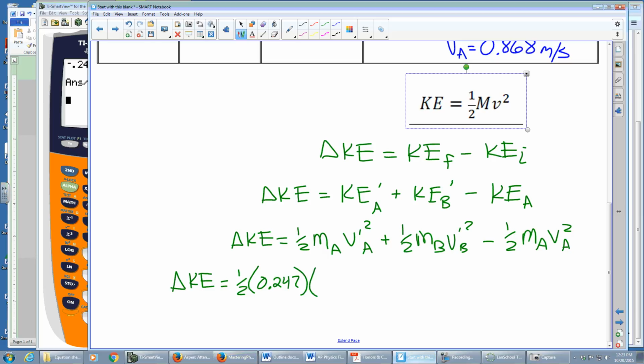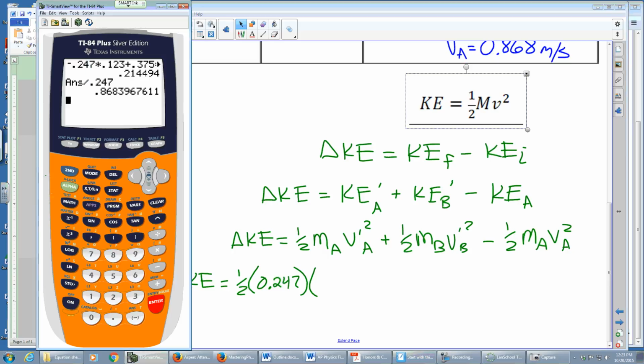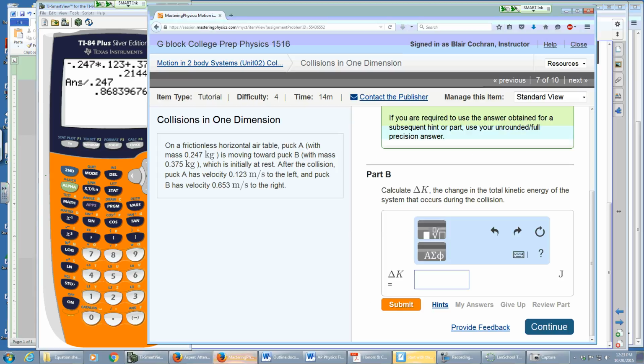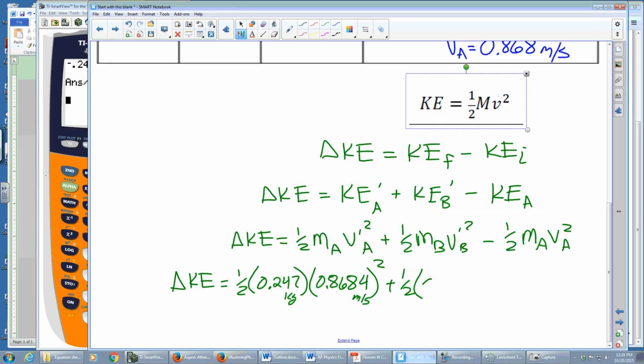And the velocity of A beforehand was my 0.8684 squared, and I should have meters per second there and kilograms here. Excuse me. 1/2 inertia B, which was 0.375 kilograms.